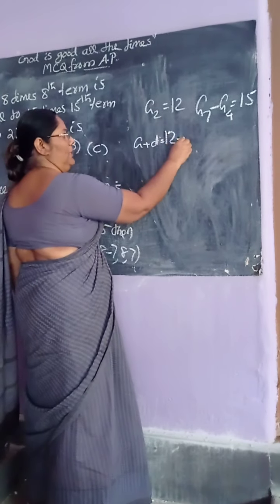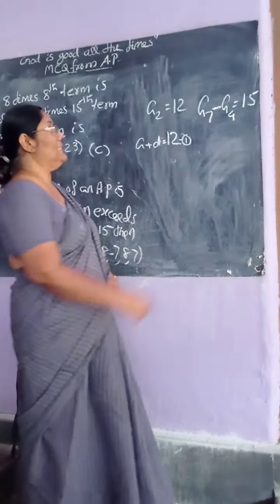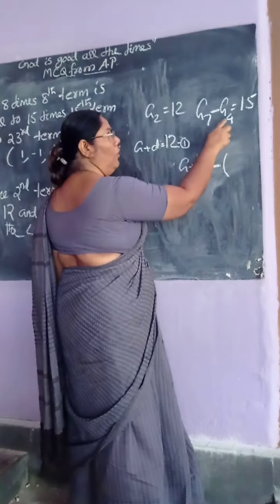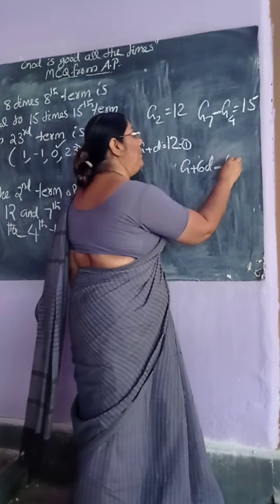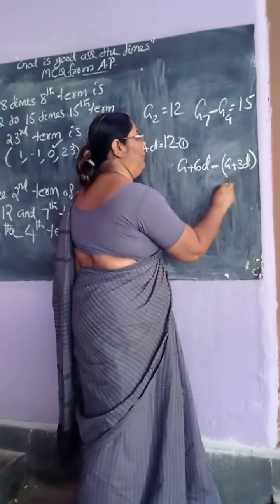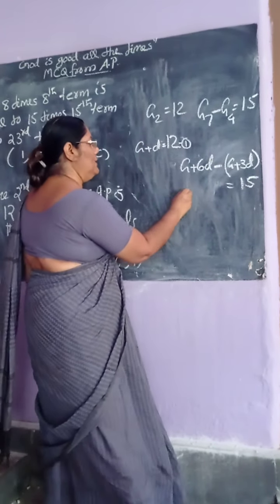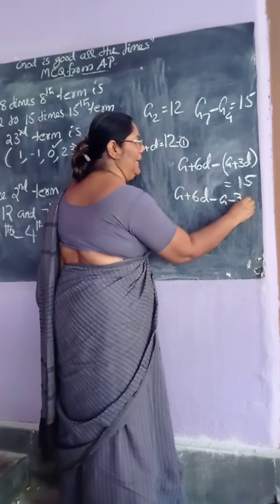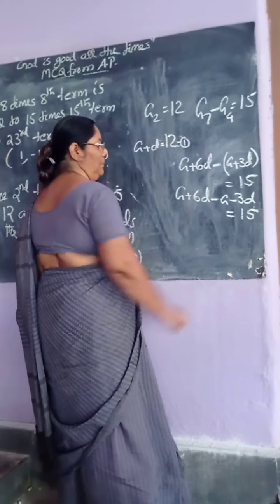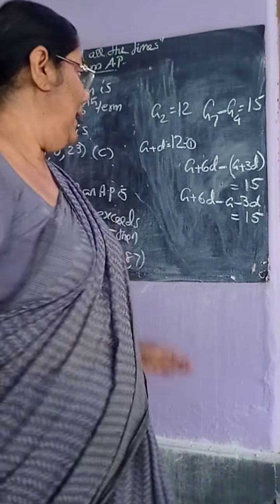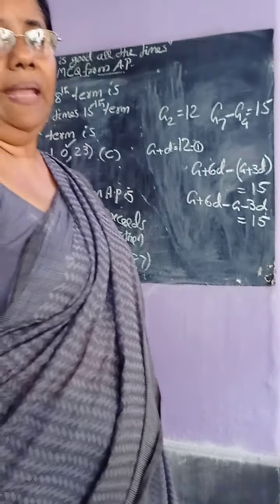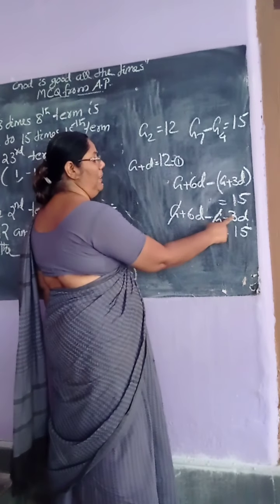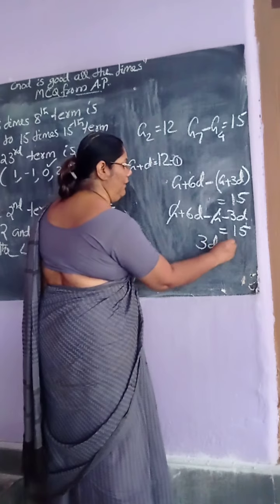Put that as equation 1. Then the next condition: A7 means A plus 6D minus the fourth term, A plus 3D, equal to 15. When you open the bracket, A plus 6D minus A minus 3D equal to 15. A minus A cancel, 6D minus 3D, 3D equal to 15.